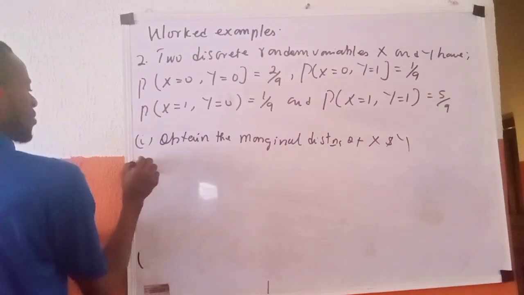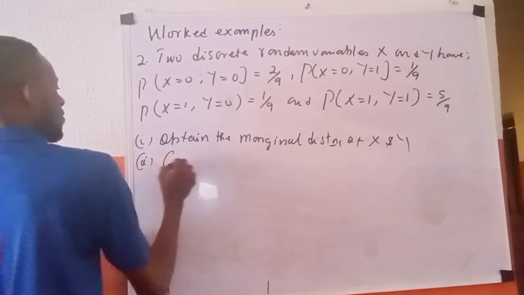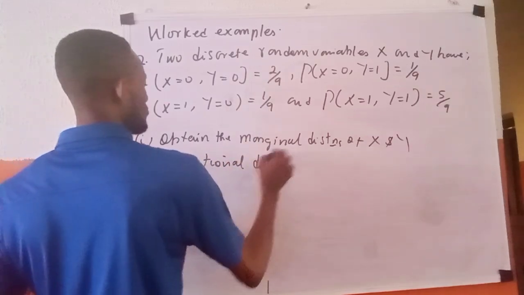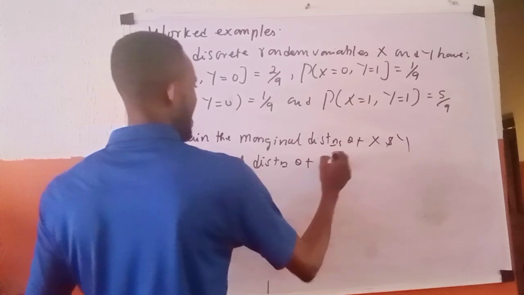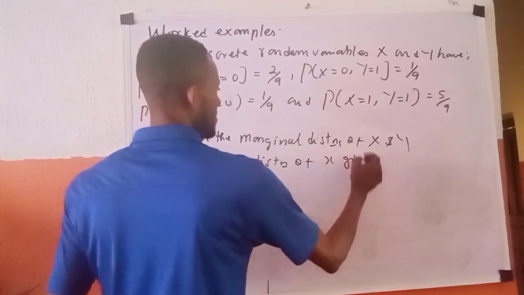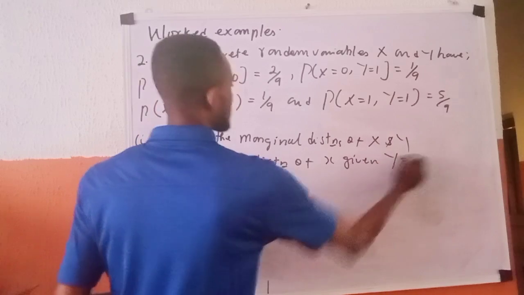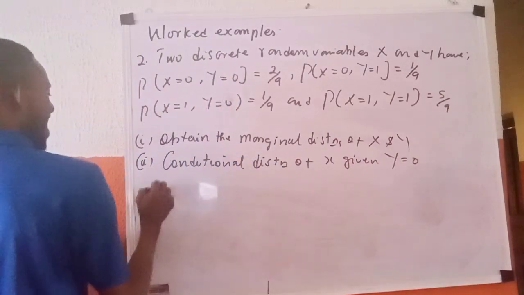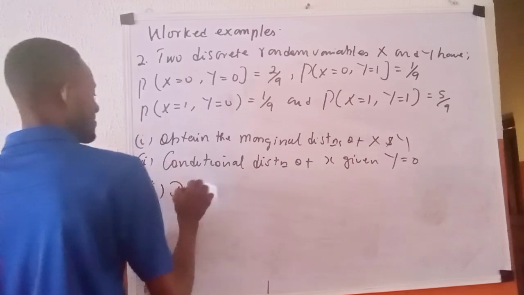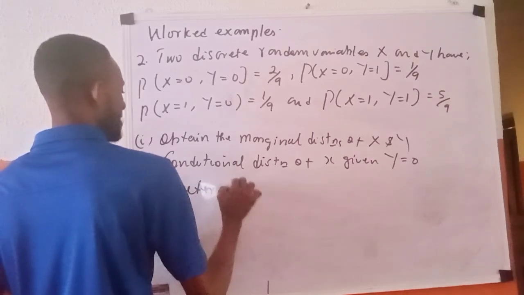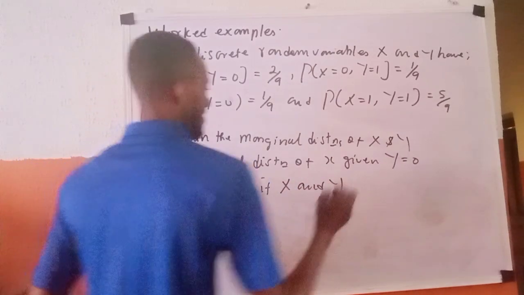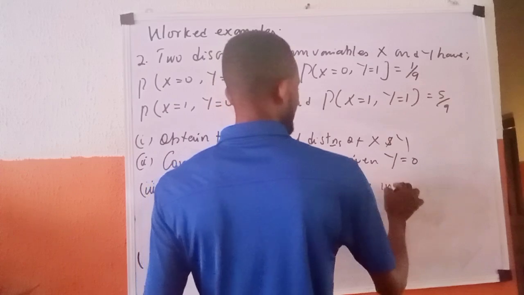Then number two says, conditional distribution of x given y equals 0. And then number three is asking you to determine if x and y are independent.